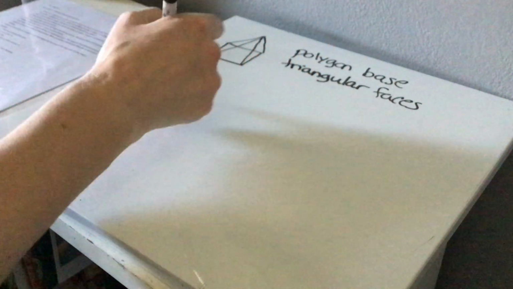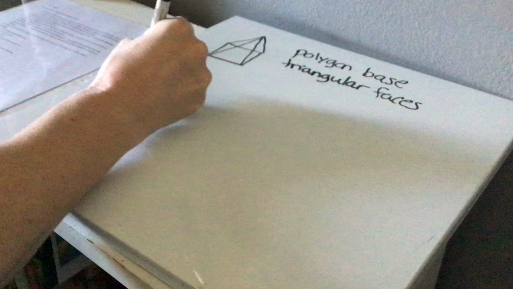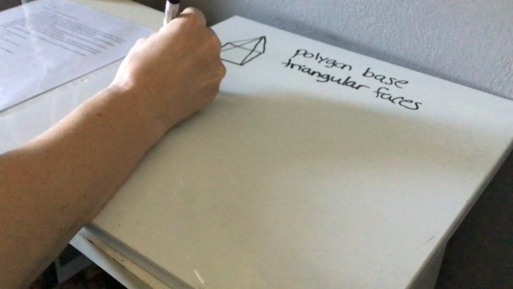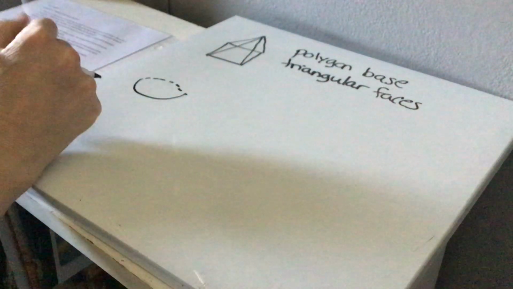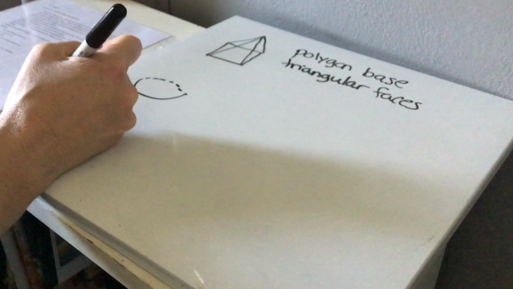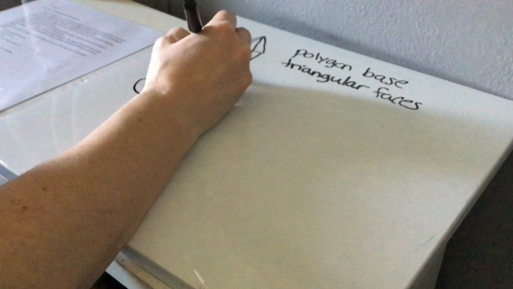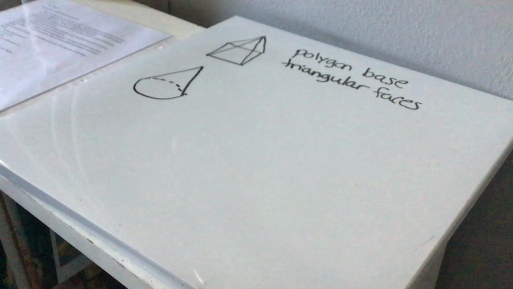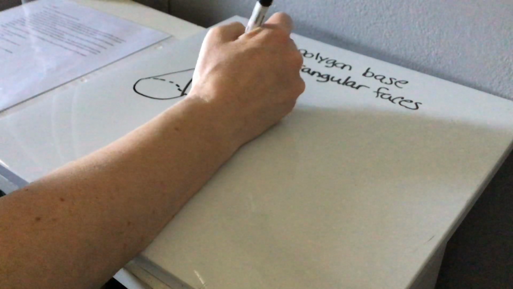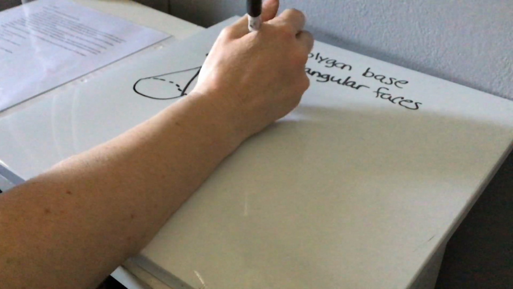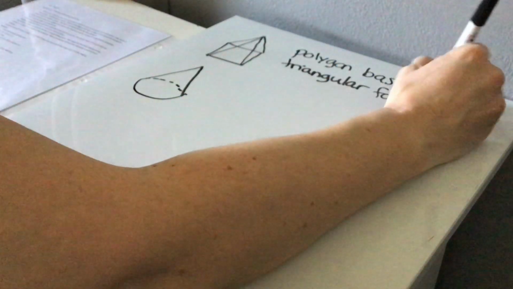Then if you take a cylinder, so circular base, okay, and shrink one of its bases down to a point, you get a cone. It kind of looks like this, okay? It's going to be a geometric solid. So this is a pyramid.